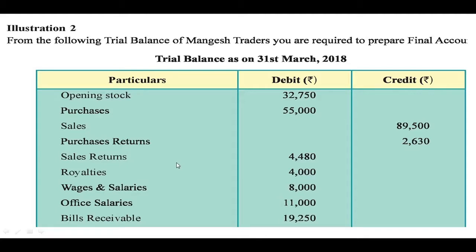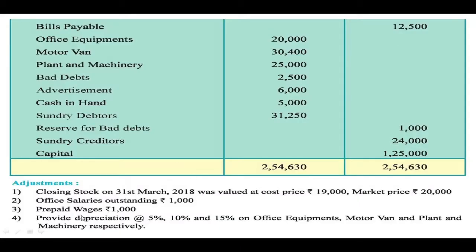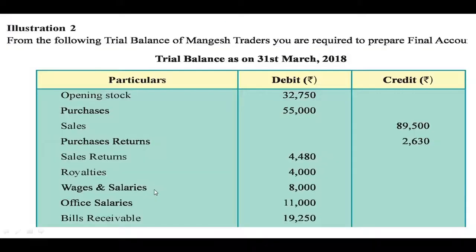Then here prepaid wages are given, so you have to make the tick mark on wages and salaries to do addition or subtraction required as per the adjustment.